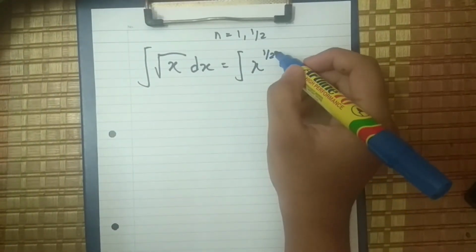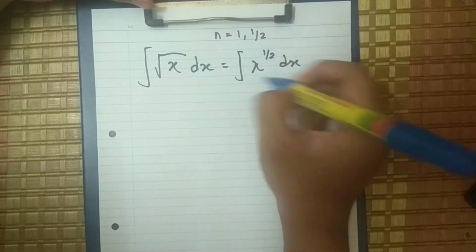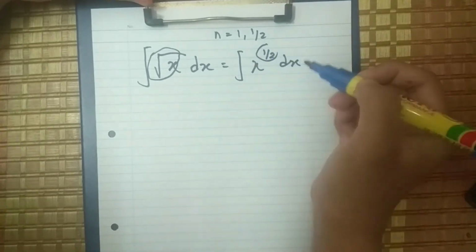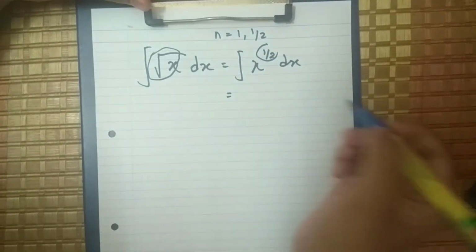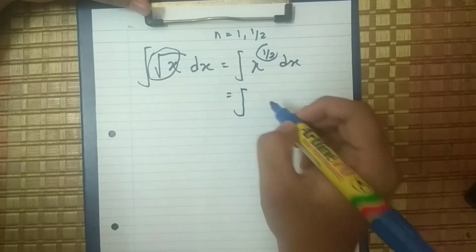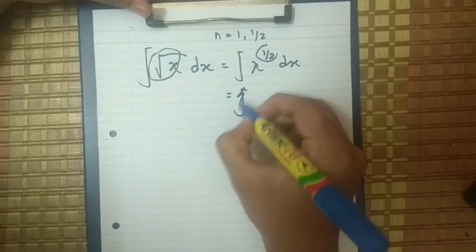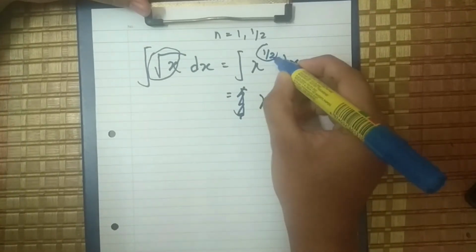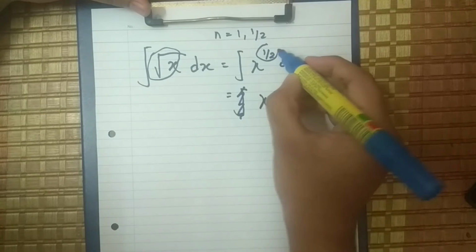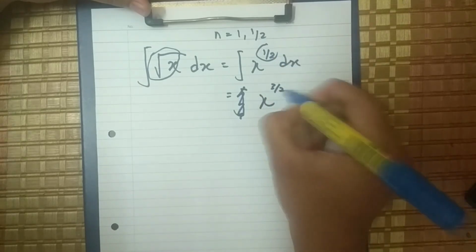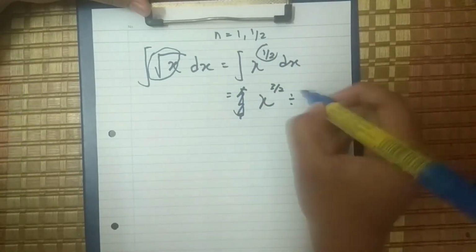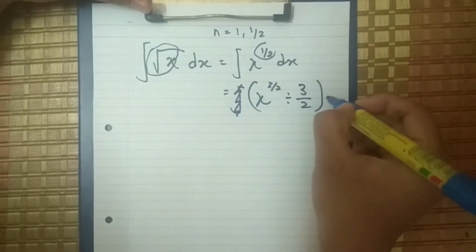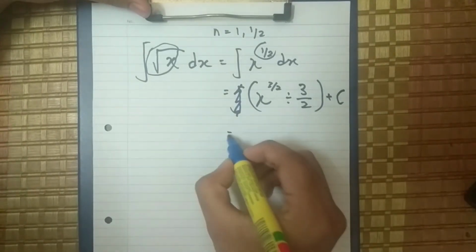As I explained previously, we can solve this by converting the square root into this, and we can do exactly as previously: integrate to get 1 over 2, add 1 to become 3 over 2, divided by 3 over 2, plus the constant.